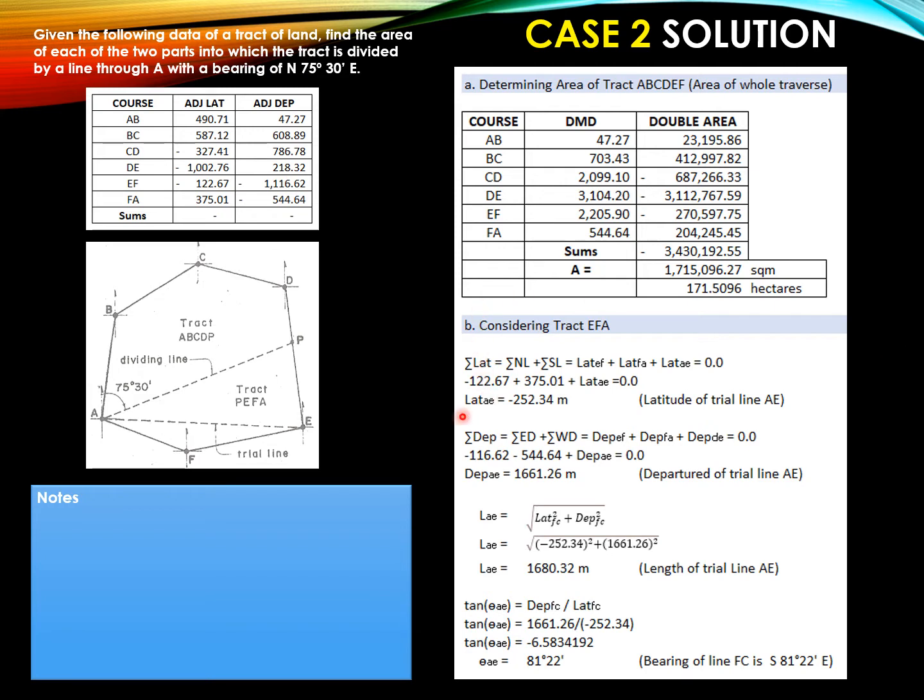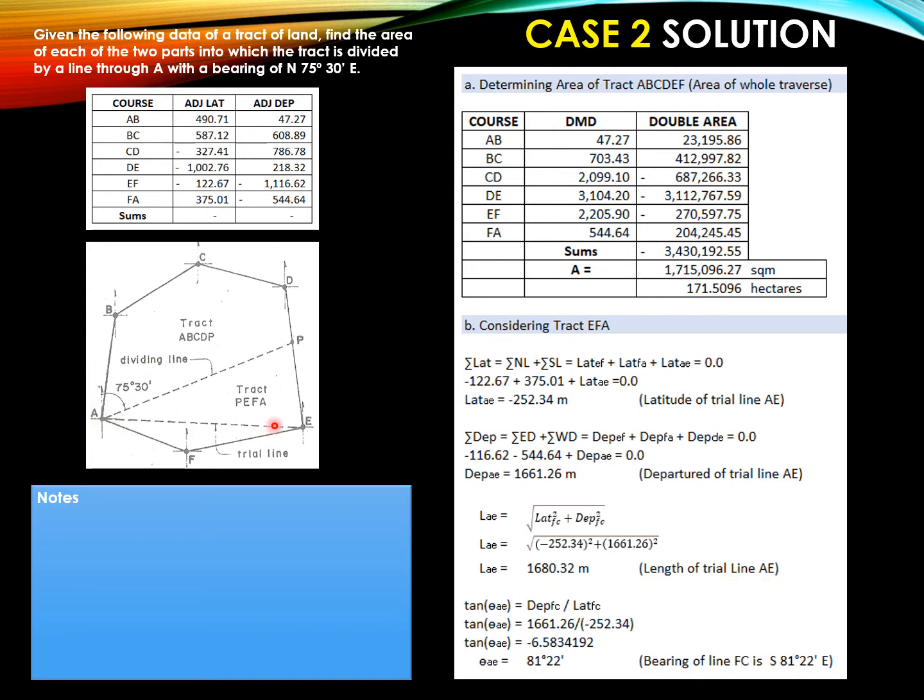So again, to compute the length of line AE, we will use the summation of latitude and summation of departure, and we got this negative 252.54, and then the departure of line AE is this one, and we got this also, the length 1680.32 using the formula, and this is the length of the trial line AE.